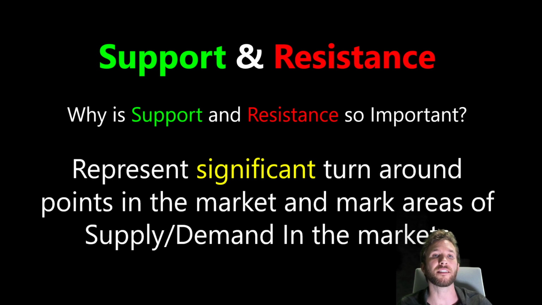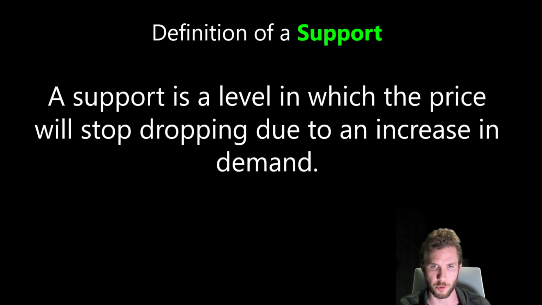Resistance is otherwise known as supply, and support as demand. You can have support and resistance that aren't necessarily marked off as demand and supply, because maybe they're Fibonacci levels or moving averages, and there's no real clear demand or supply zone. But usually those terms are fairly interchangeable.